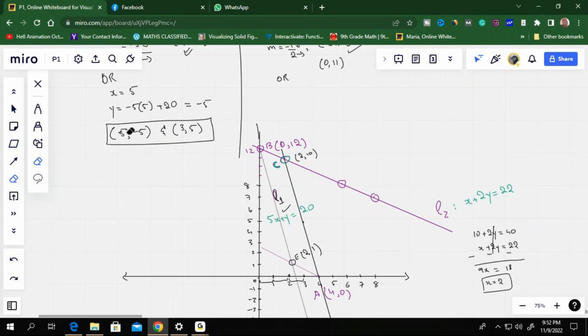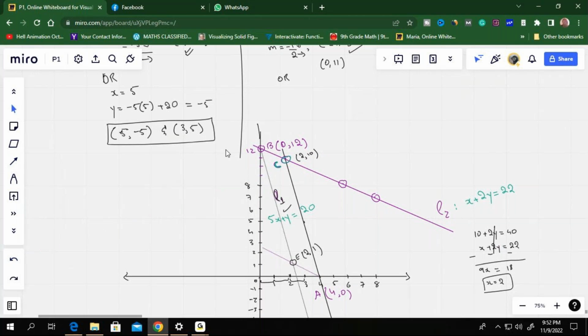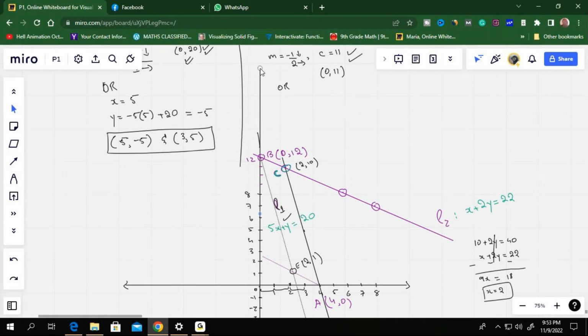And okay, and if I extend this line far away here, and this line also far away here, but it is not possible.